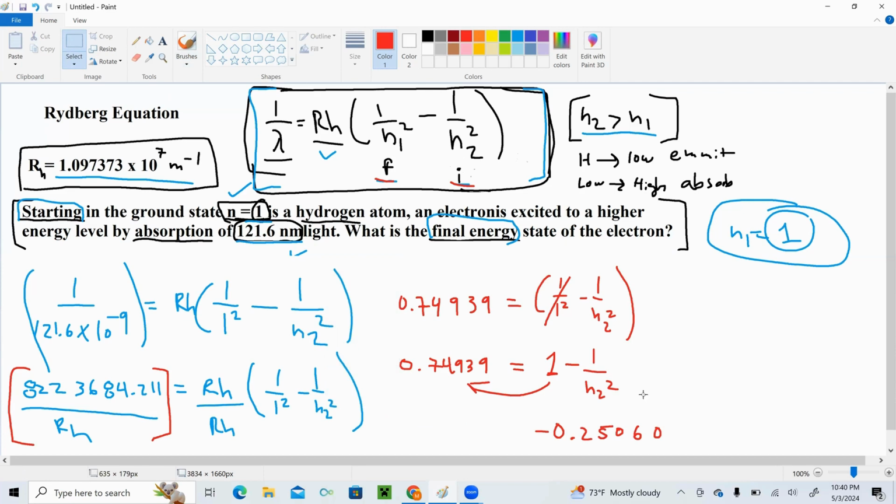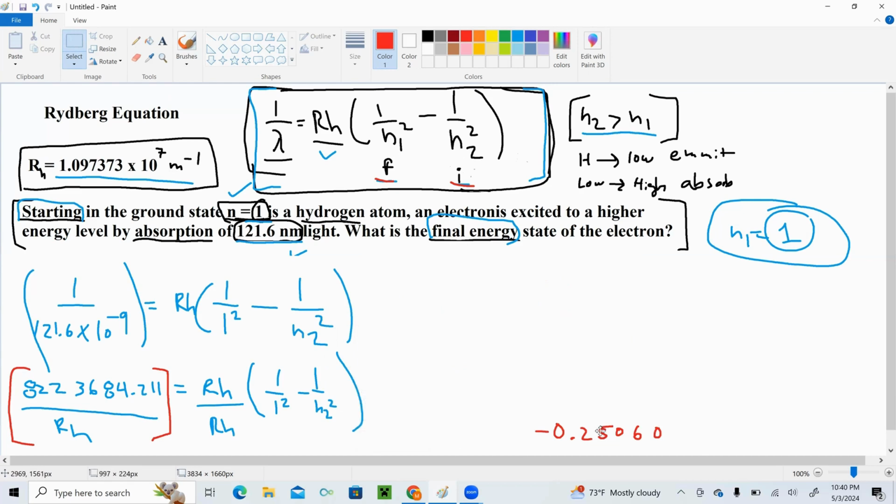Make some room here. You guys can see this. I think you should have this in your calculator if you're following along. So that means that we are left with n2 squared by itself. And here's the thing.